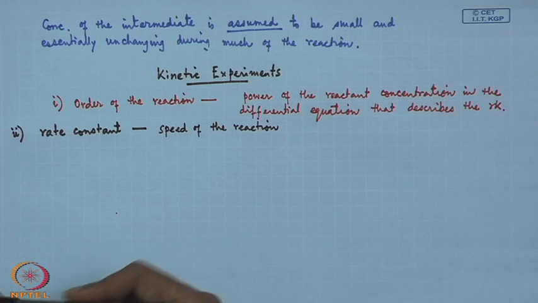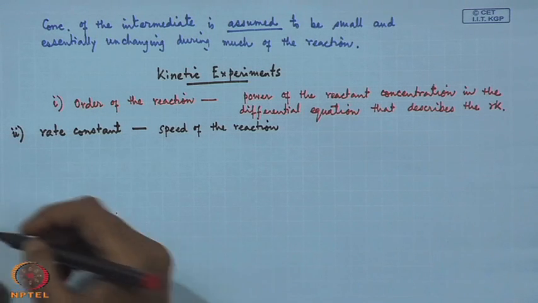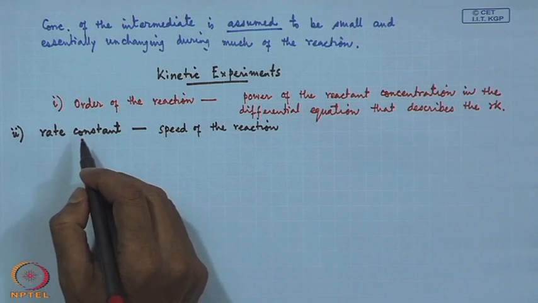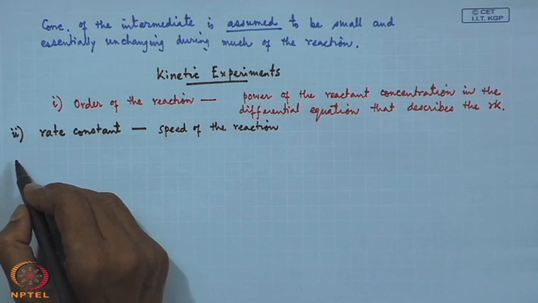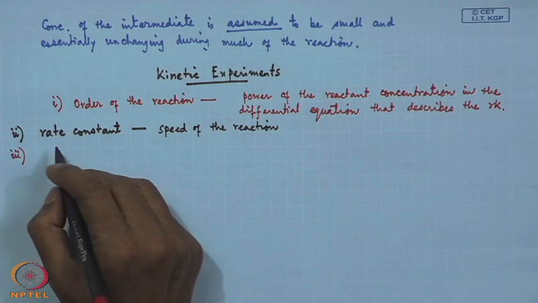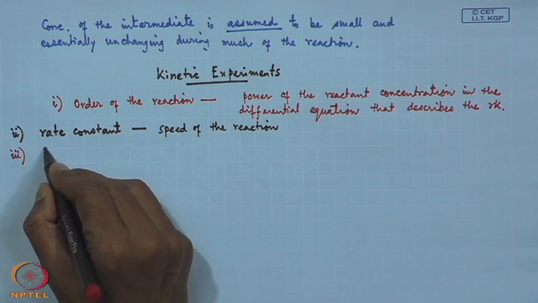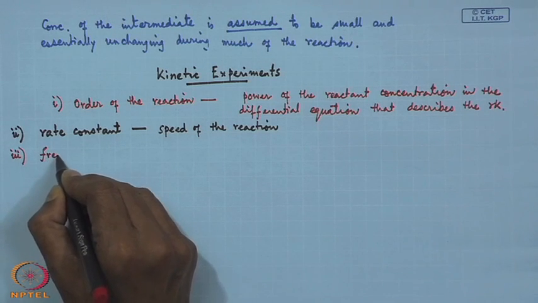So, the speed of the reaction we can determine, and then how we find out the corresponding hump, that means the barrier of the reaction we want to cross, is therefore the free energy of activation.